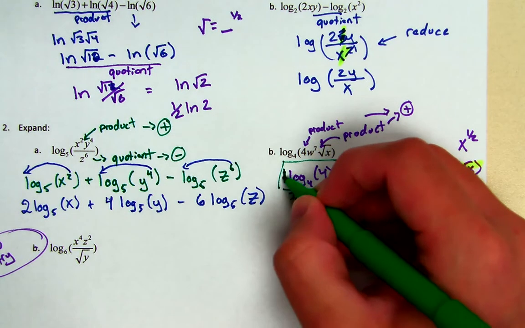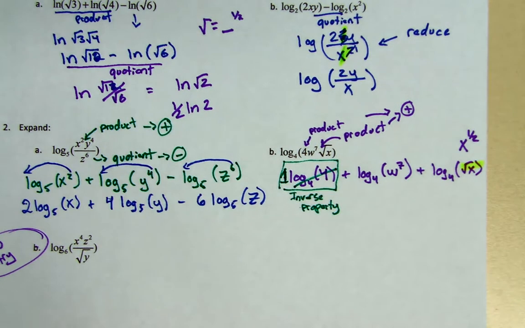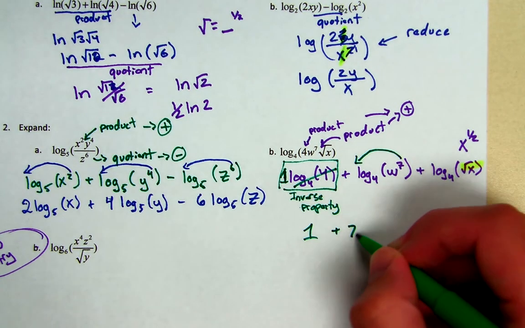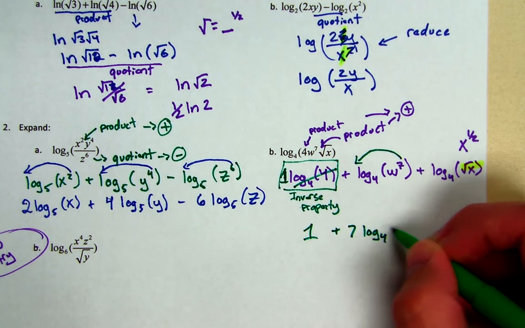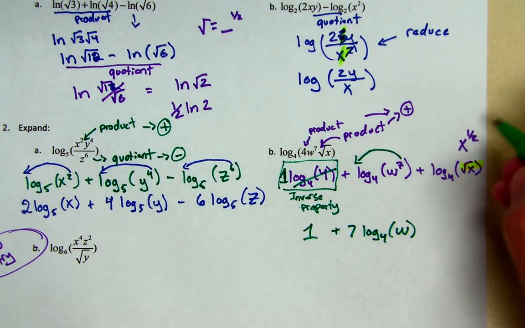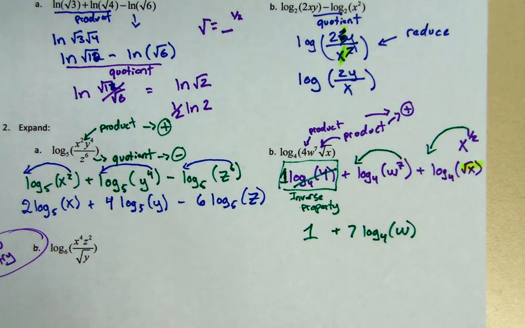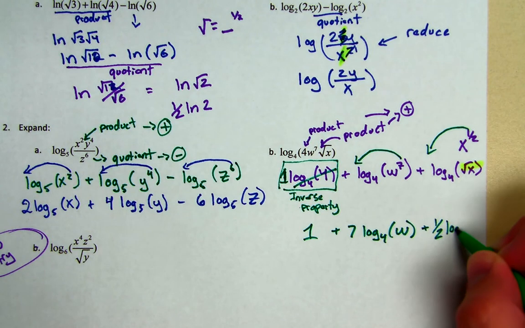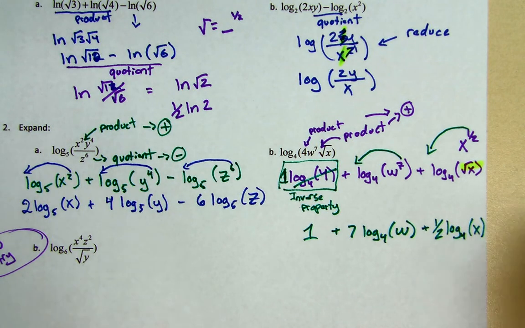Well, there's a 1 here, technically, so that goes away, and we have just 1 left. Here, I need to bring down a power, so plus 7 log base 4 of w. And again, that's where rewriting this as x to the 1/2 is going to come in handy. Alright, 1/2 log base 4 of x. And then that is fully expanded.